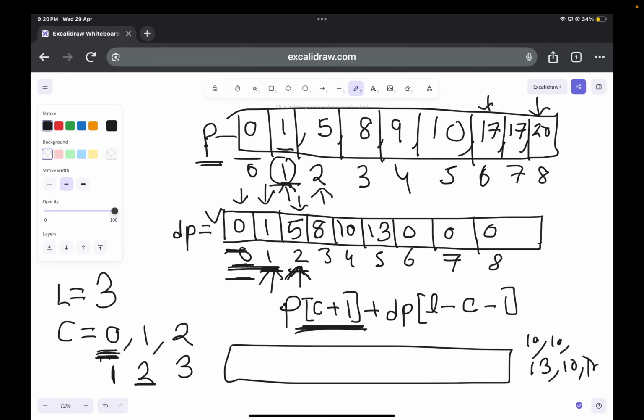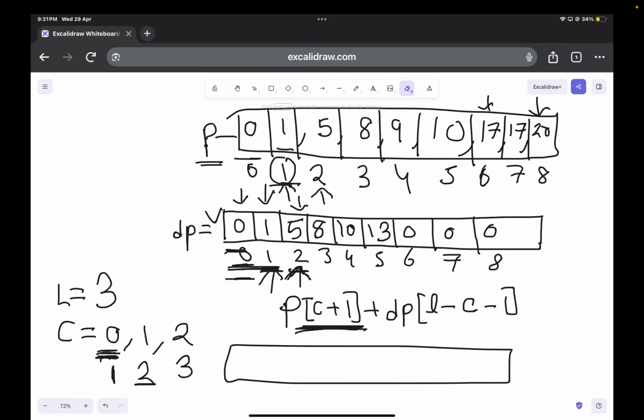Got it? For 6, if I cut 0, leave it because there is no point of a 0 cut.